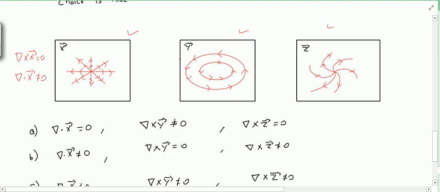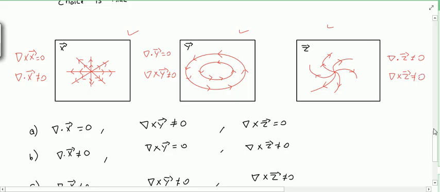So for this, I will write del dot y equals 0, but del cross y is non-zero. And for z, this field is diverging and also rotating about a point, so here the divergence is non-zero, and curl is also non-zero.